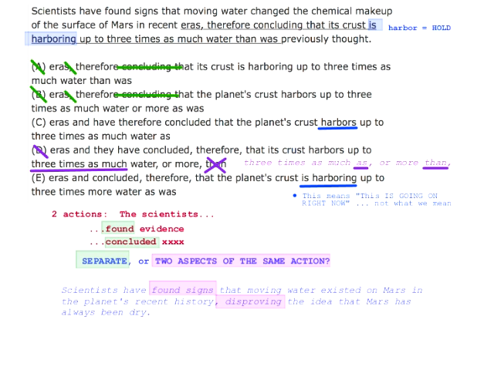So, okay. Now there are 2 valid interpretations of this. Because remember, we're looking at evidence. Recent eras may be recent, but they are still history. They're just recent history. So the evidence is from the past.